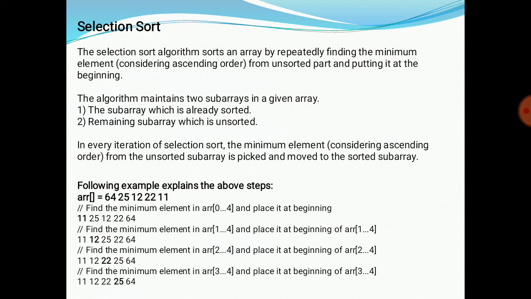In this way, after the first iteration, the array will be divided into two subparts, or we can say two subarrays, one with the sorted part and another with the subarray of unsorted values. So after the completion of the first iteration, the minimum element from the array, 11, is placed at the first location.